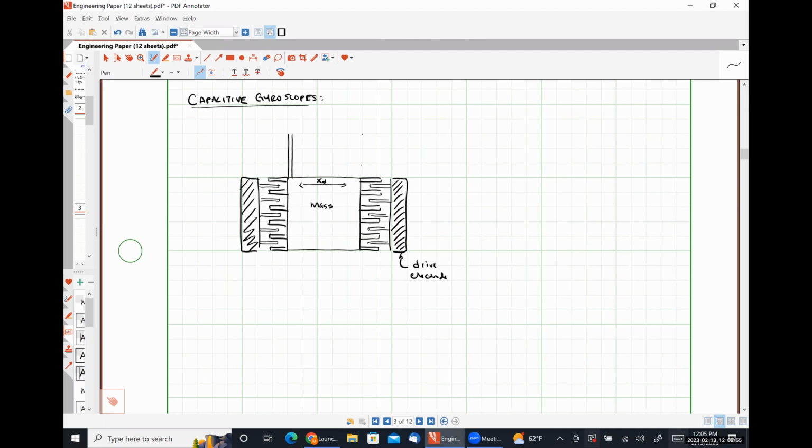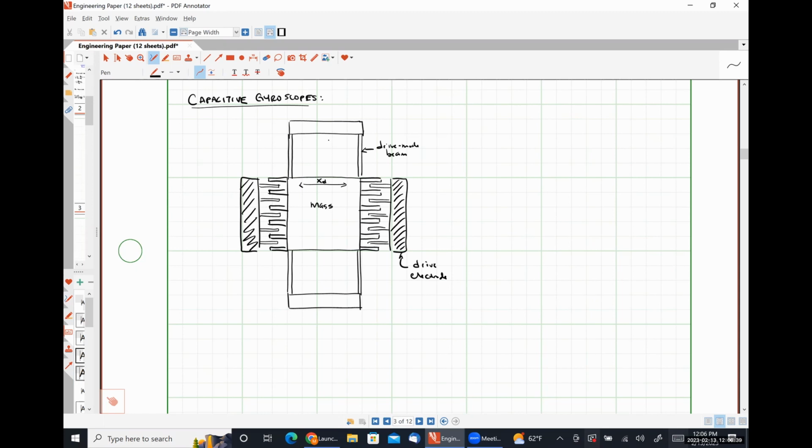Now I'm going to put some springs up here. This big thick beam is so that it doesn't deform. I'm going to have a similar deal on the bottom. So these are my drive mode beams. They're what's establishing my spring constant and therefore my resonant frequency of my drive mode.